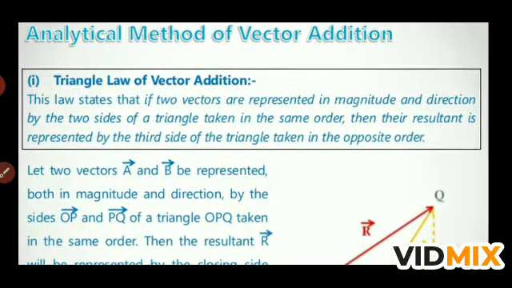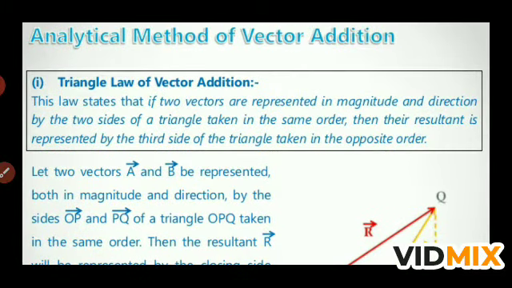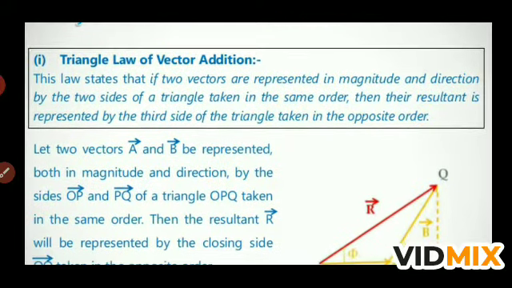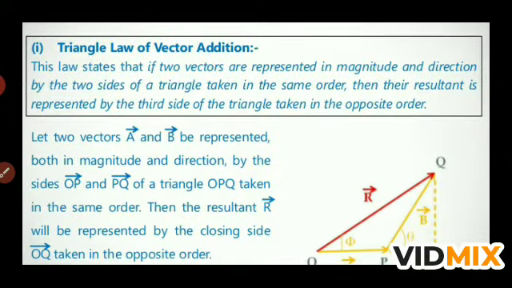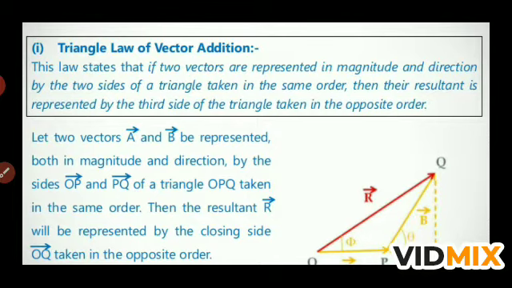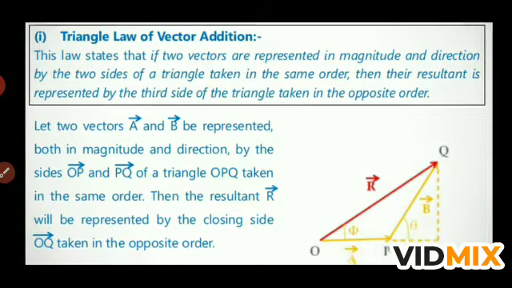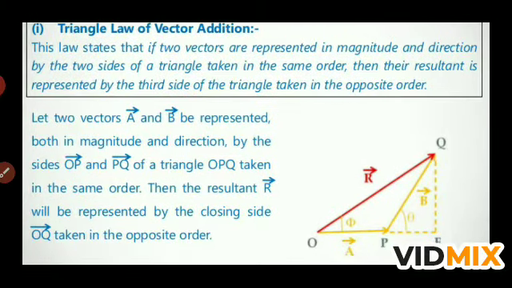Now how can we find the addition of vectors analytically? The first is the triangle law of vector addition. This law states that if two vectors are represented in magnitude and direction by two sides of a triangle taken in the same order, then their resultant is represented by the third side of the triangle taken in the opposite order.